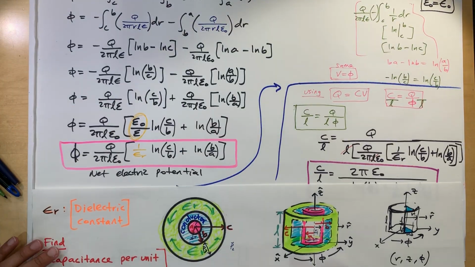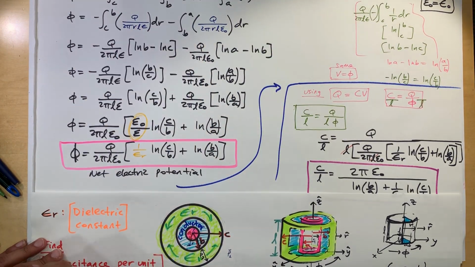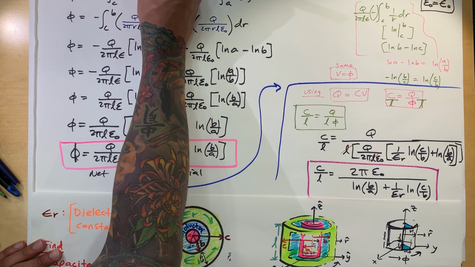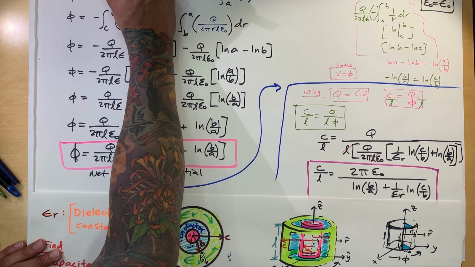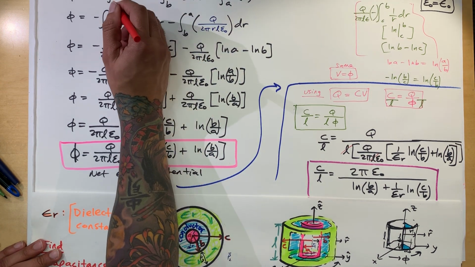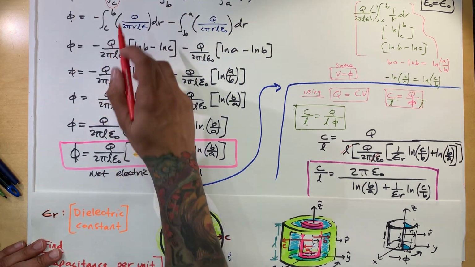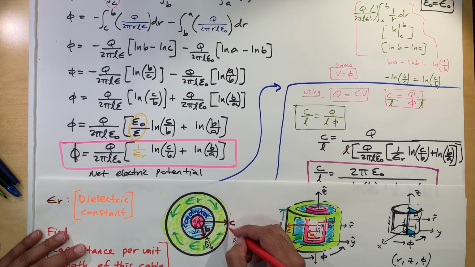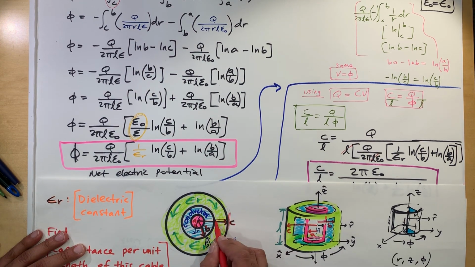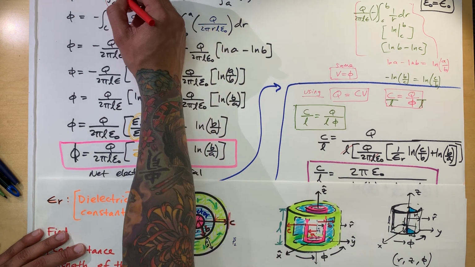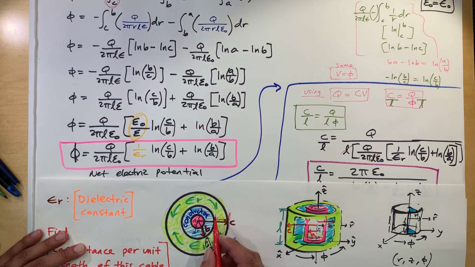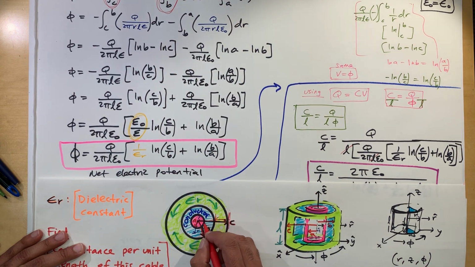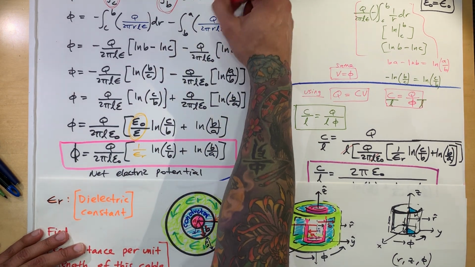Then finally, we look at the potential. So this here is potential. Looking at the net potential means that we're traveling from the furthest part of the dielectric, which is C, inward towards B, so C to B, and then from B to A, and then from A to 0, all the way to the center.